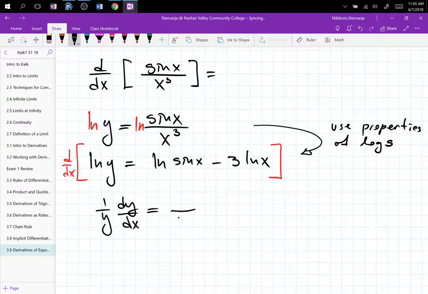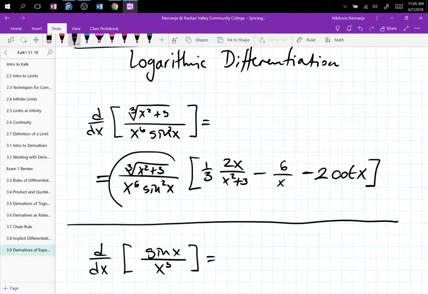Write the function as is on the bottom, which is sine x, and put its derivative on top, which is cosine x. Minus 3, you copy that, and it's 1 over x for the derivative of ln. Do you see how the only thing that is left for me is to multiply y to the other side, and that y is the original problem?